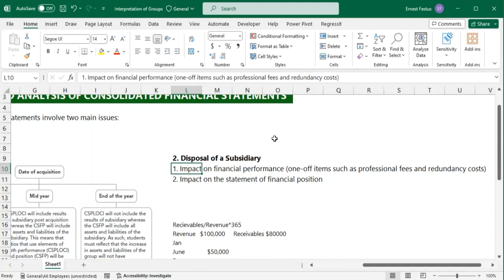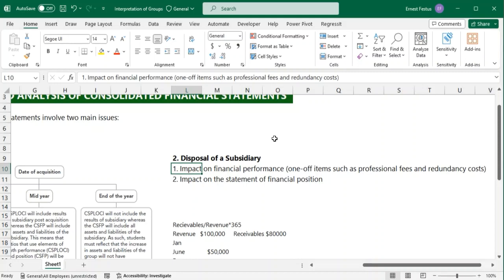So what you have to do is to disclose these inconsistencies in the figures in the financial statements first, and then secondly, eliminate these one-off items before calculating your ratios and then analyzing and interpreting the results thereof.